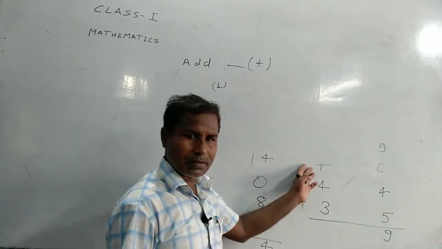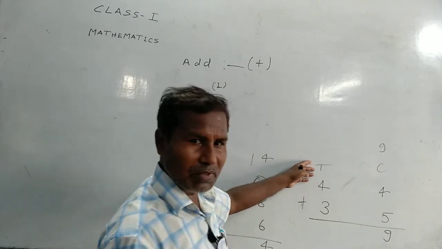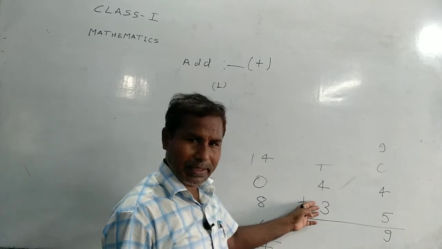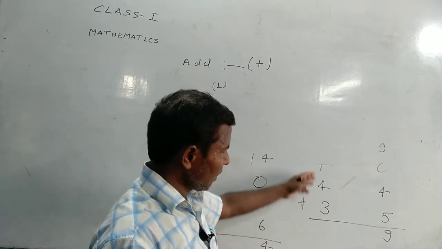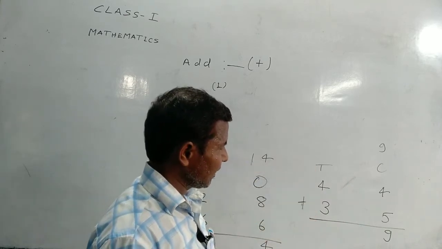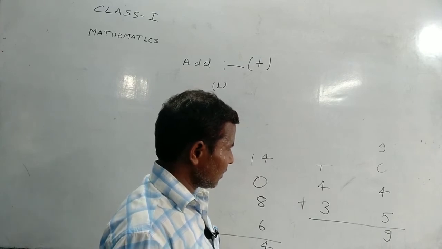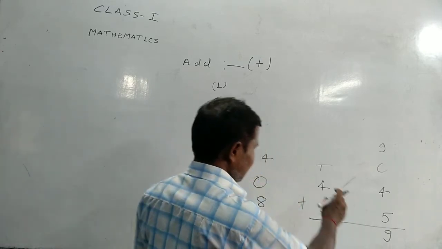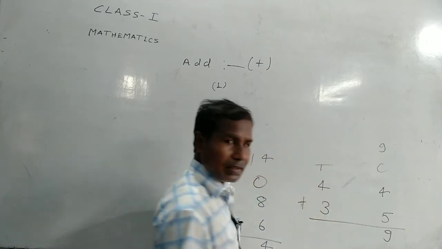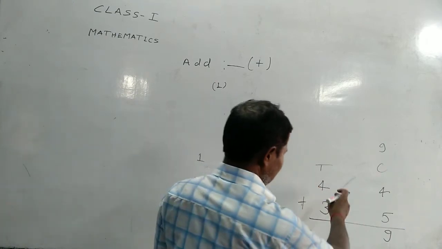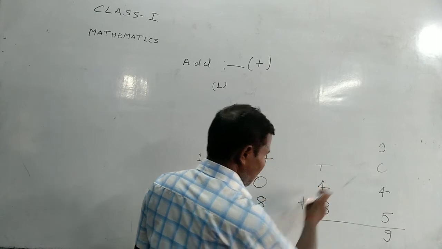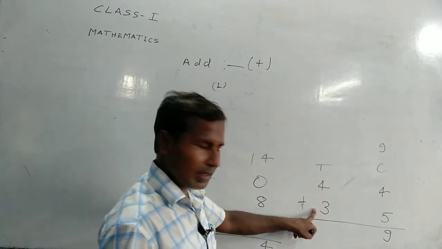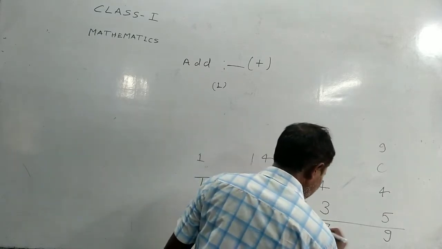Next, find the sum of 4 and 3. The sum of 4 and 3 is 7. Now rest number is none. Here no any rest number. So the sum of 4 and 3 is 7.